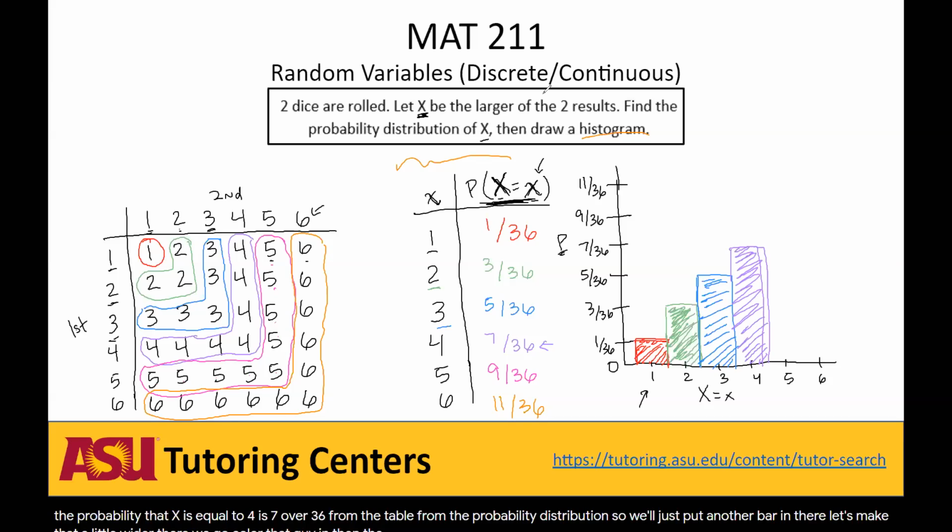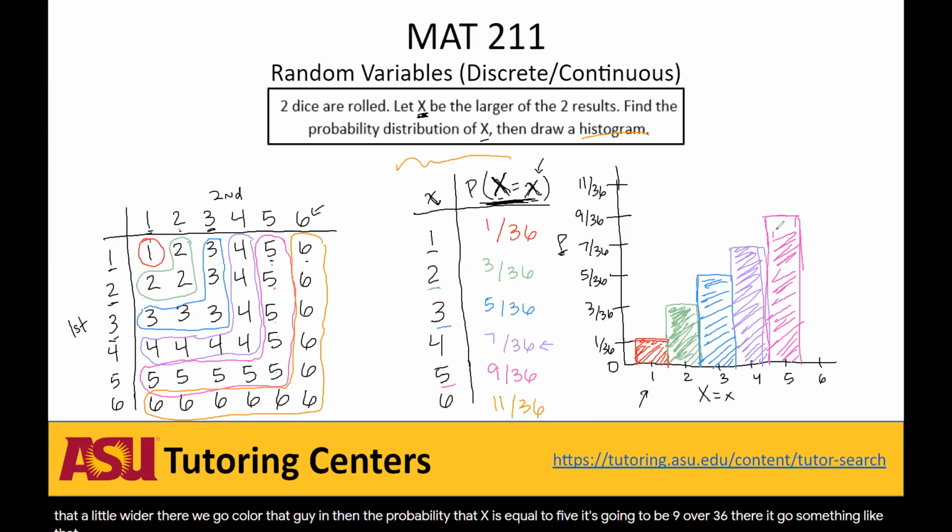Then the probability that x is equal to 5 is going to be 9 over 36. There we go, something like that. And lastly, the probability that big X is equal to 6 is 11 over 36. So we'll give that a bar as well. There we go.